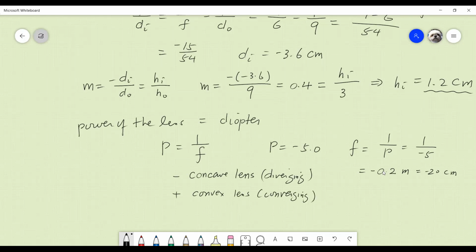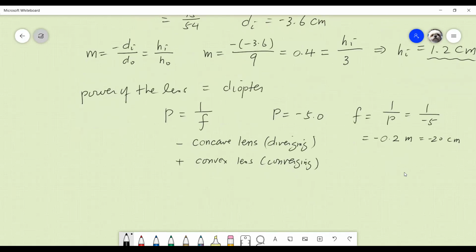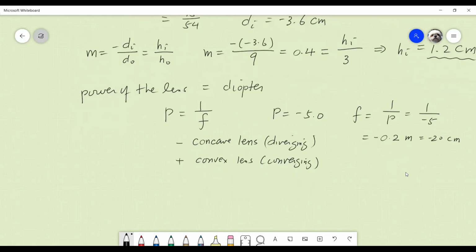Like your father, he needs a reading glass. Even myself. For example, my P is 1. So what is the glass I'm reading?